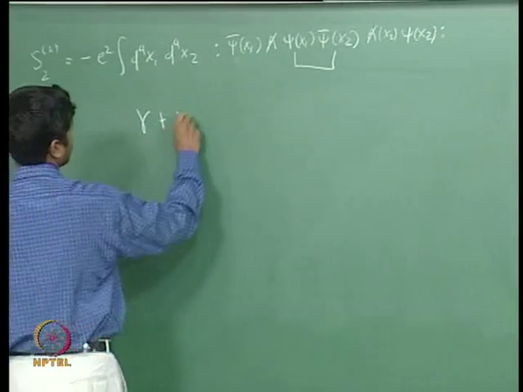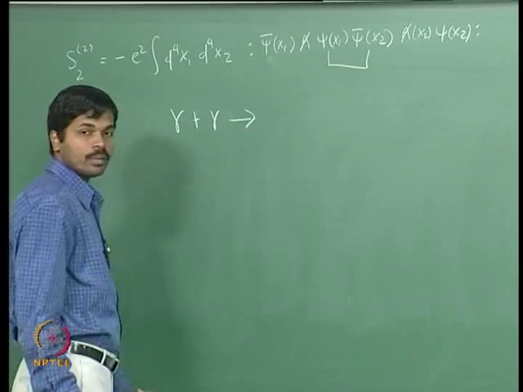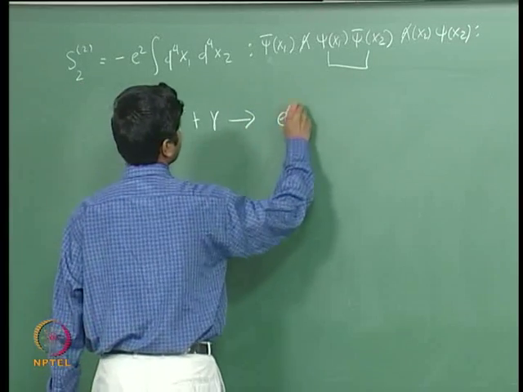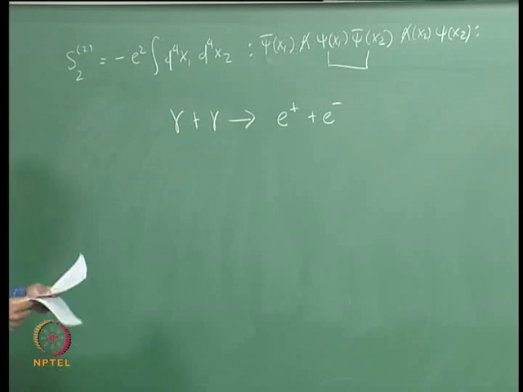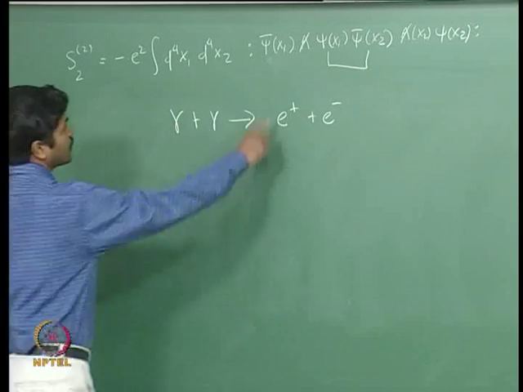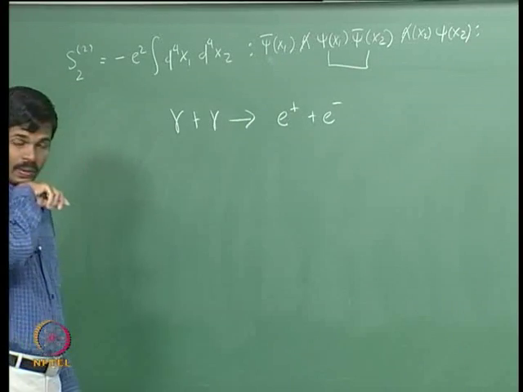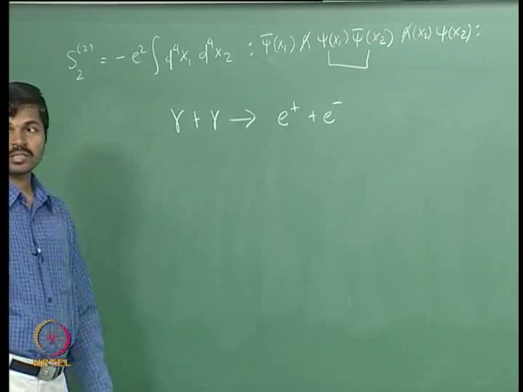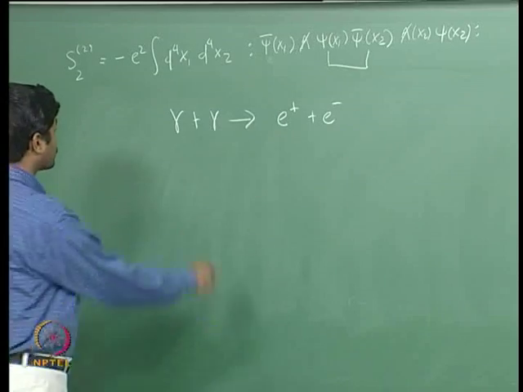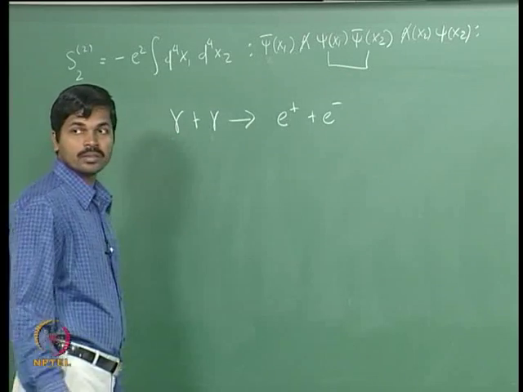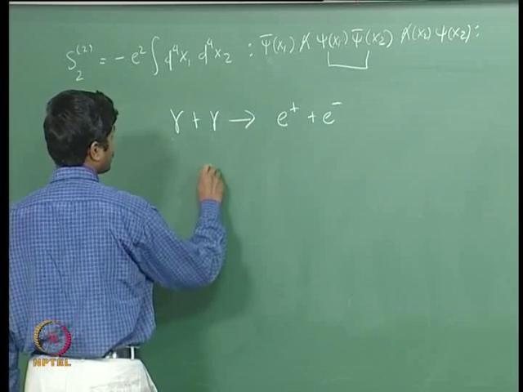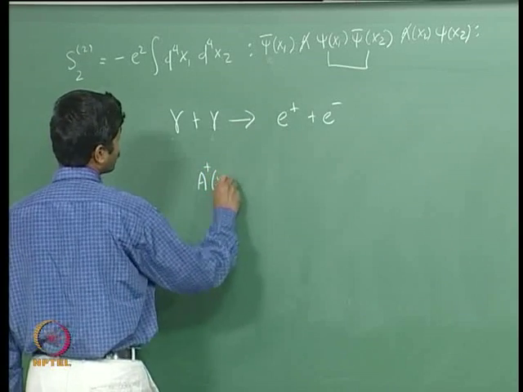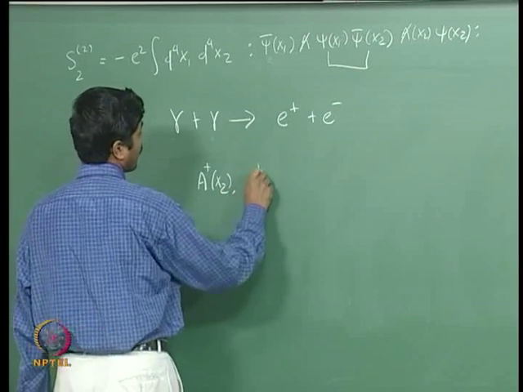So suppose you want to describe this physical process gamma gamma going to e plus plus e minus. So what do you expect from this S matrix element here? What are the terms it should contain? Of course, there are two incoming photons, so you should expect A plus of x2 and A plus of x1.